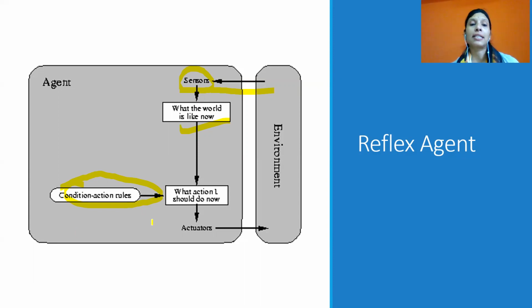They decide what action should I do now, and they will take that action using the actuators and perform it on the environment. So this is the simple structure of a reflex agent, which senses the environment using sensors, applies conditional rules and behaves according to that, then uses actuators to perform something onto the environment.